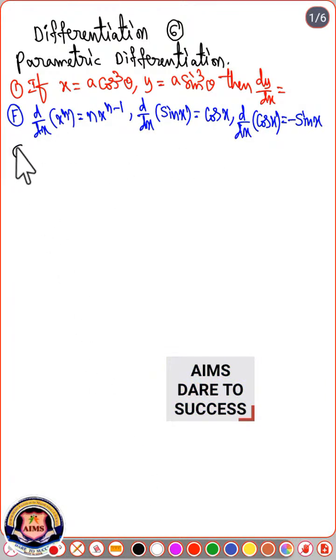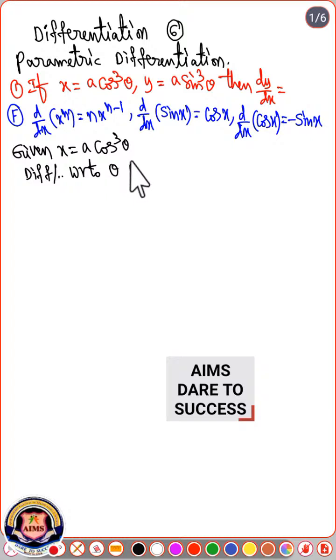First of all, the given value is x is equal to a cos cube theta. Now we differentiate with respect to theta on both sides. Why? Because the right side is in the form of theta.